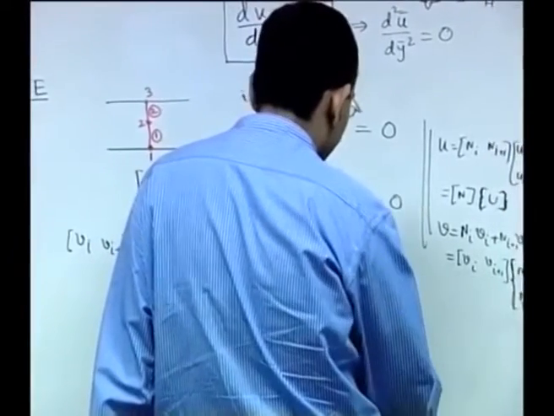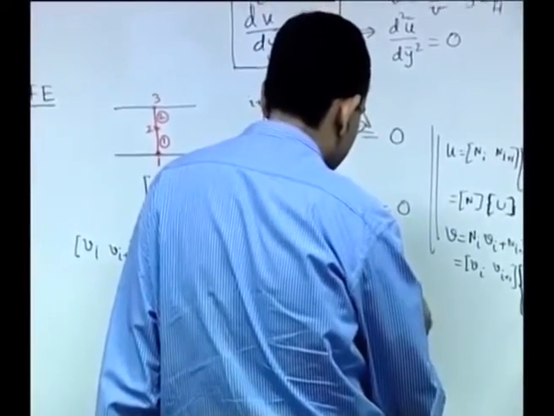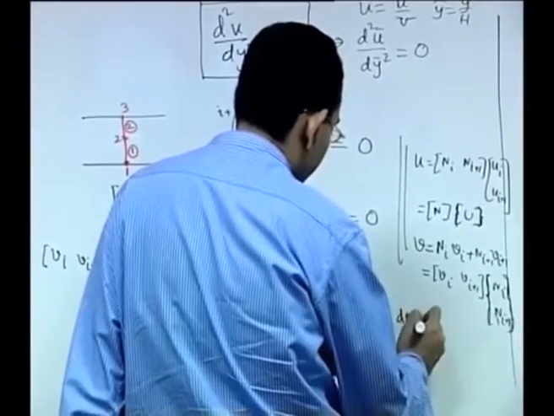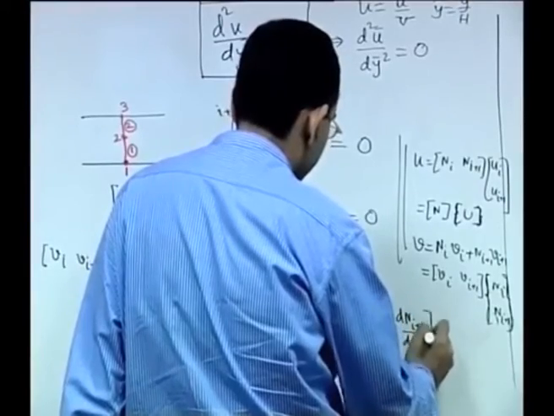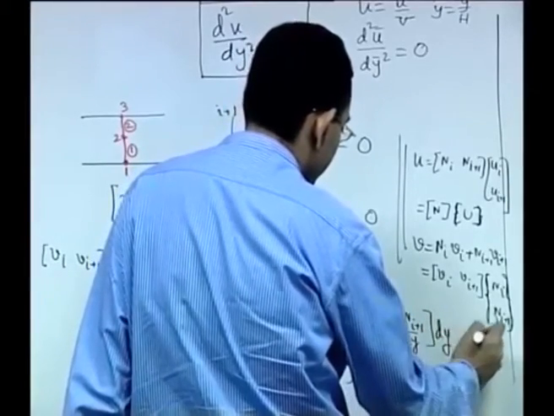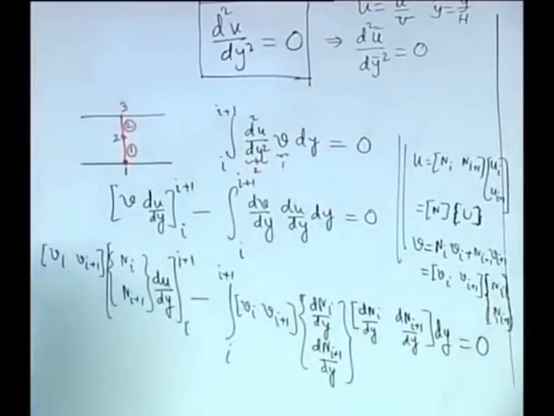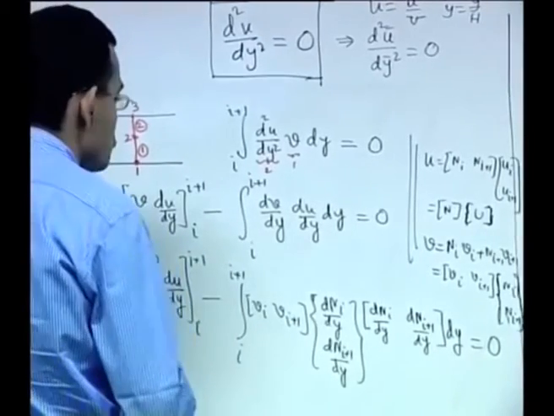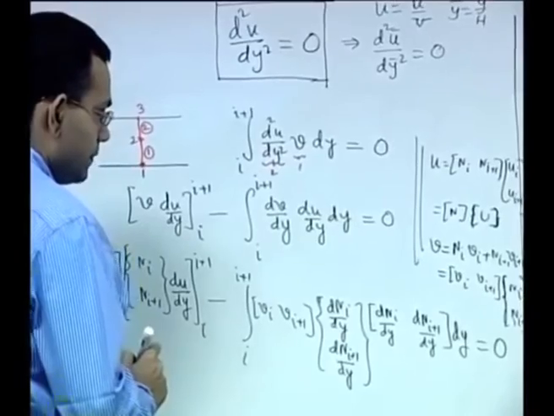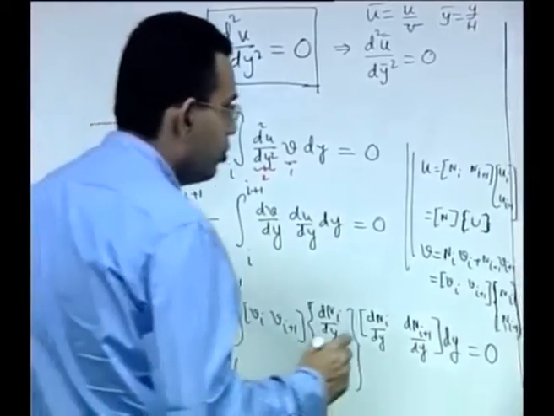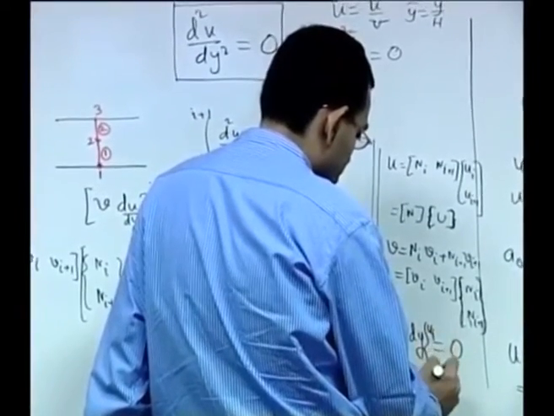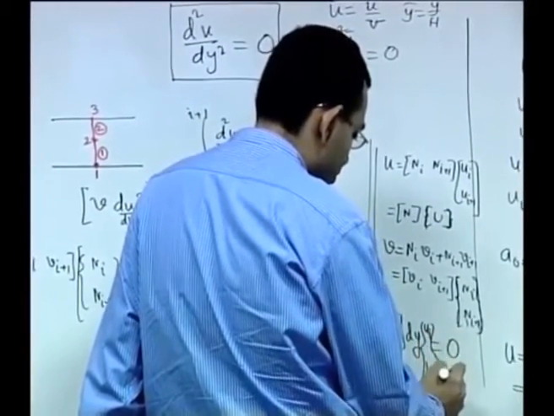Similarly, in place of du/dy you can write dN_i/dy, dN_{i+1}/dy into u_i, u_{i+1}, which are your unknowns that you need to solve.